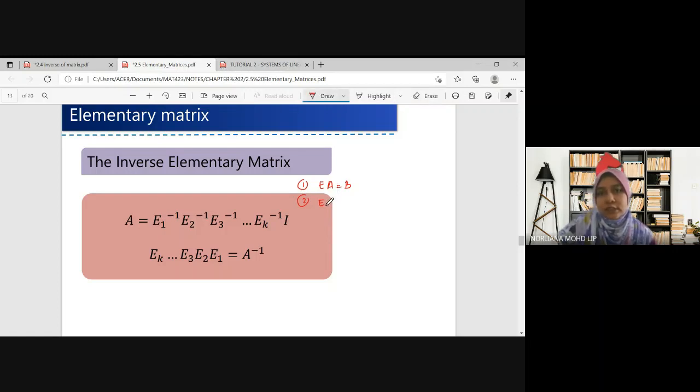Contoh E3 times E2 times E1 times A equal to B. Okay, teorem yang ketiga melibatkan inverse of elementary matrix.